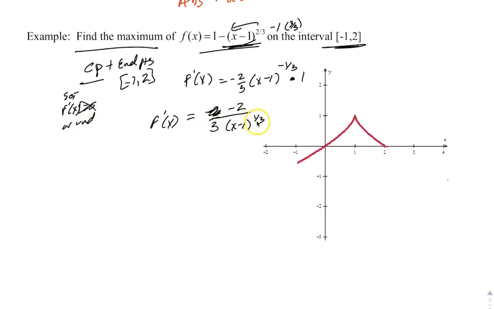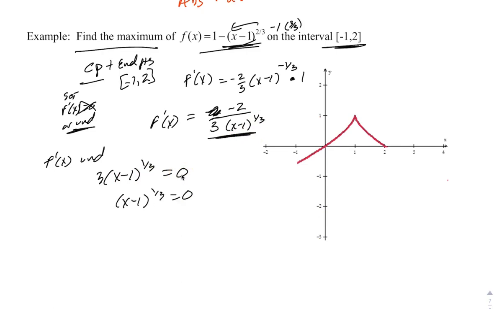That's where you set the denominator equal to 0. Just by looking at it, you should be able to tell it's going to be 1. But let's go through the rigmarole. Divide by 3. Cube both sides. You get x minus 1 equals 0. So x equals 1. Again, you can really skip that. You can tell by looking at it, it's x equals 1. So this is my critical point.